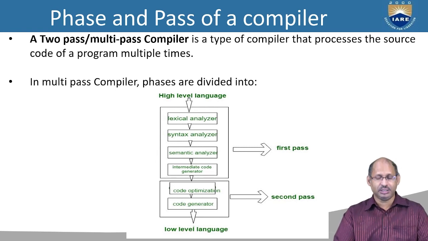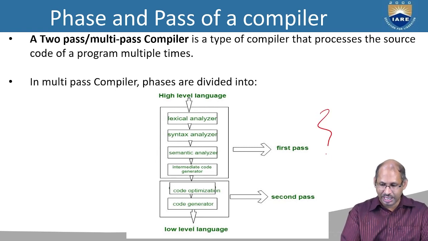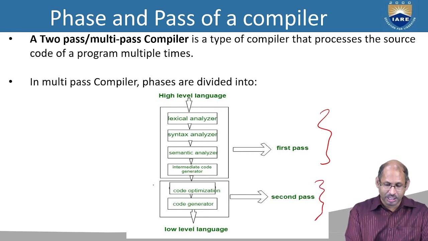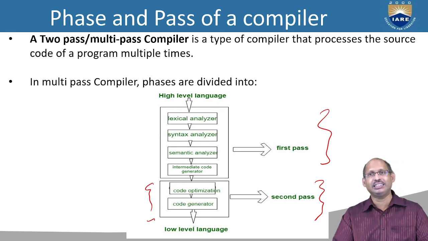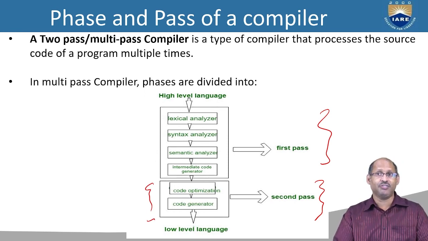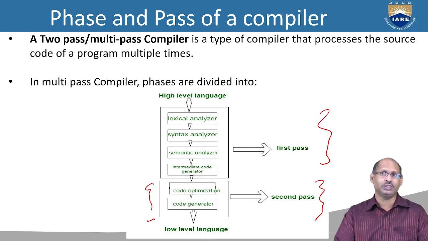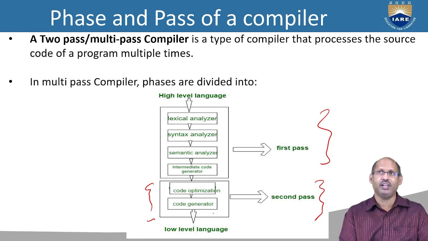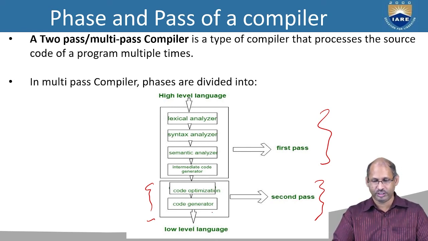So multi-pass compiler. So this is considered as a first pass. This is a second pass. So this second pass we may also call the synthesis phase, which converts intermediate source code to low level machine code. So the first pass will have these phases and the second pass will have these two phases.